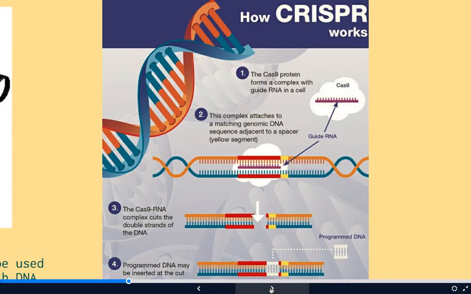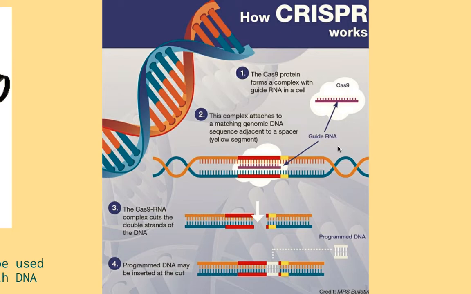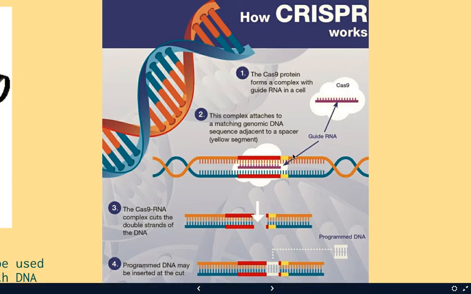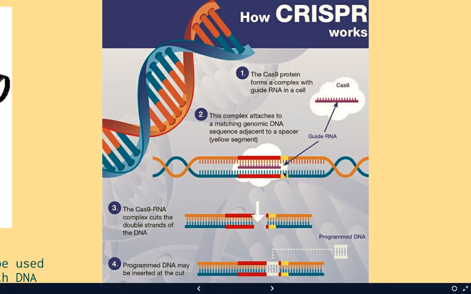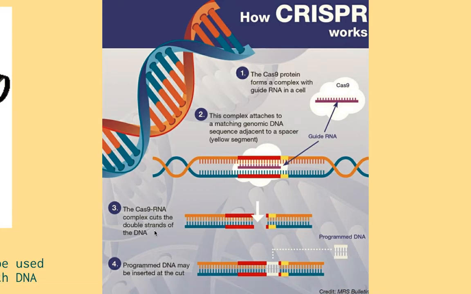The CRISPR-Cas9 protein complex is an enzyme, and basically the way it works is you can target DNA. The complex attaches to the matching DNA sequence, right? That would be the yellow sequence here. Then the CRISPR-Cas9 complex will cut the double strands of DNA, and you can add programmed DNA into that cut.